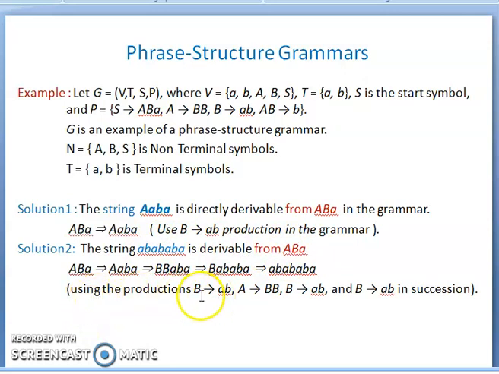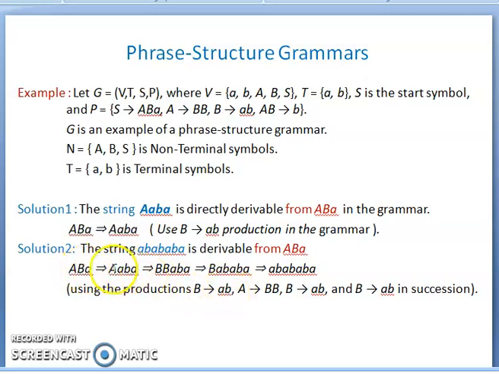So by using the productions, one production is B implies small ab, and capital A implies capital B, capital B, and capital B implies again small ab, and again we use capital B implies small ab. These are the sequential steps. First, instead of capital B, you substitute one ab.